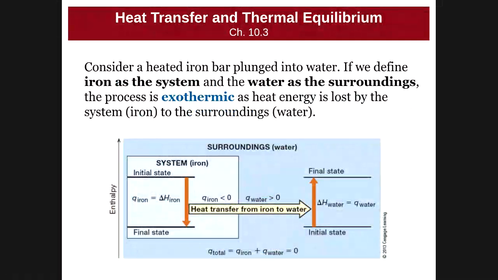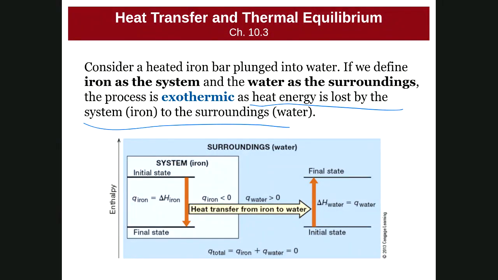So if we consider a heated iron bar that we put in a beaker of water, we're going to define the iron as our system and the water as the surroundings. If the iron is the system and the water is the surroundings, then the process is exothermic, because the heat energy that's lost by the system is gained by the surroundings.